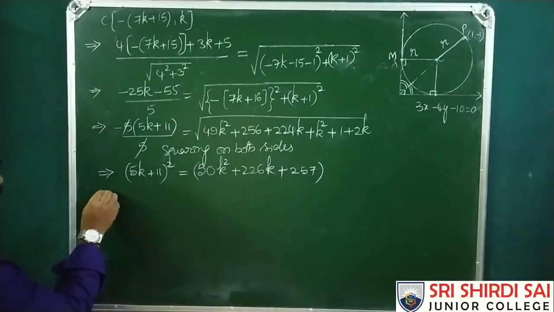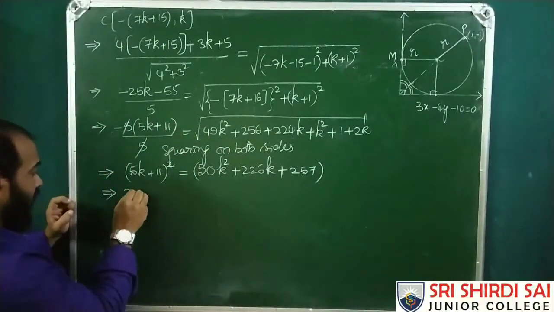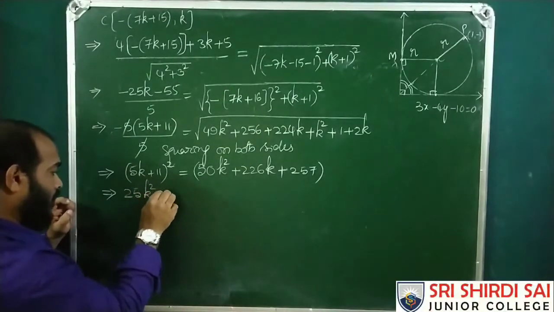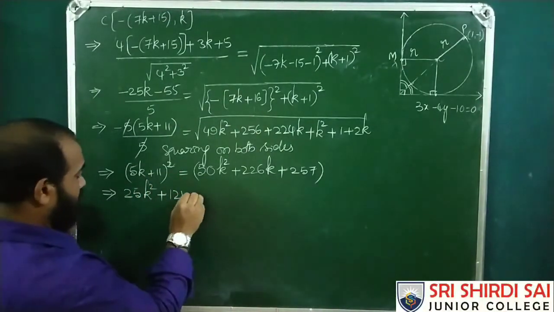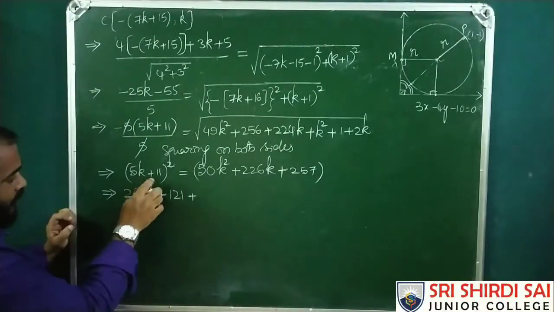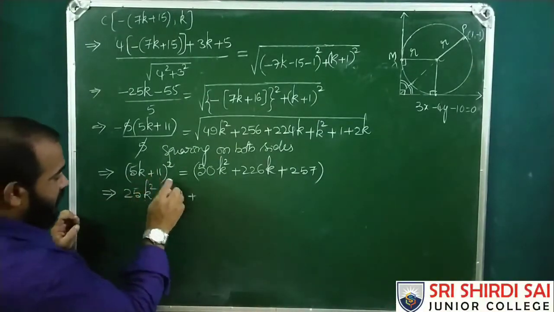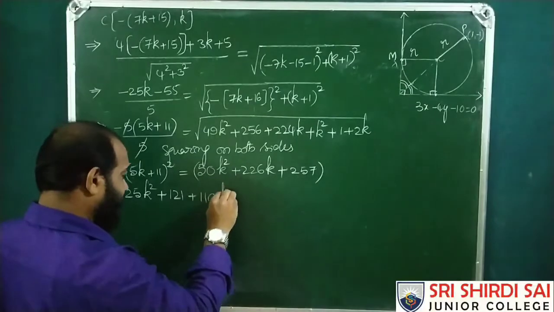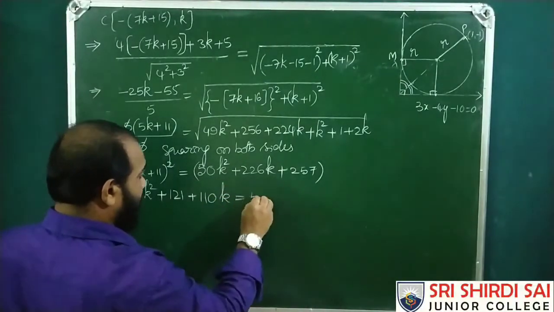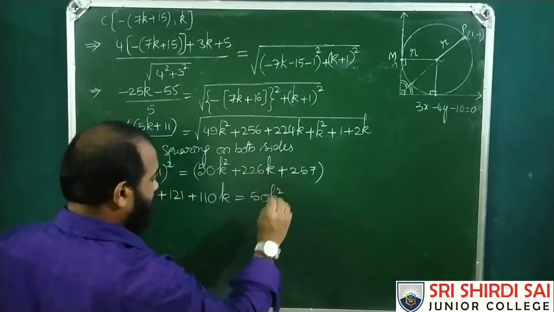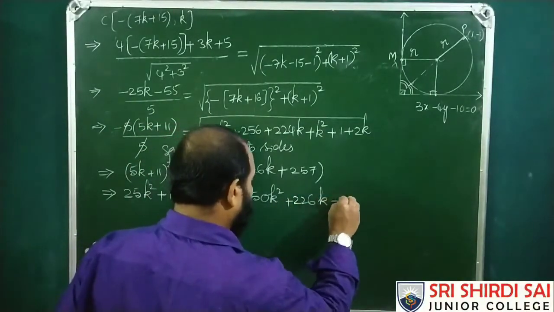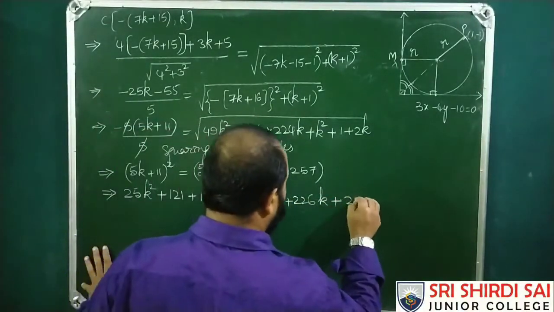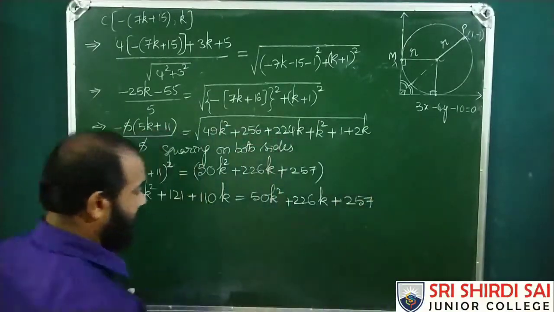Now 5k square 25k square plus 11 square 121 plus 2 5s are 10, 10 11s, so 110k is equal to 50k square plus 226k plus 257.